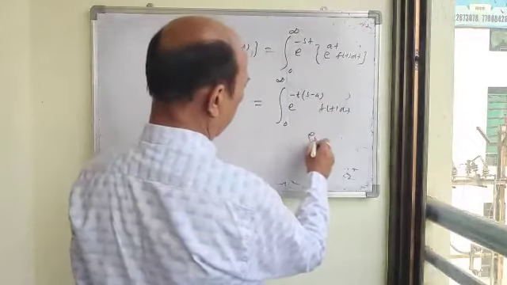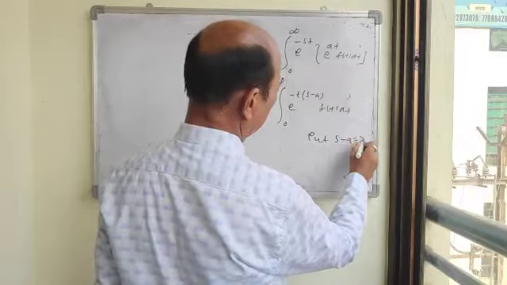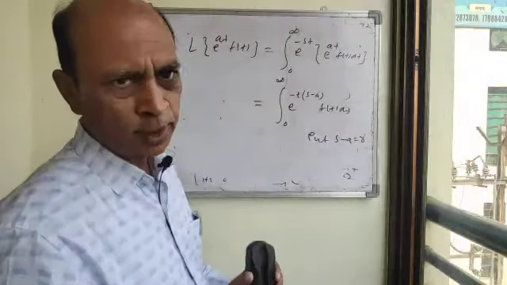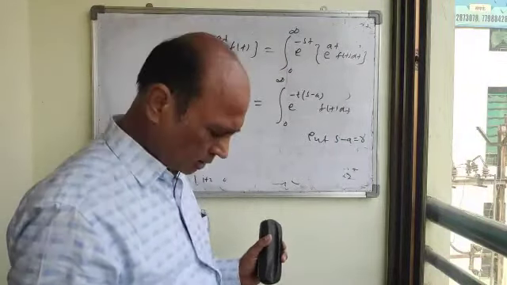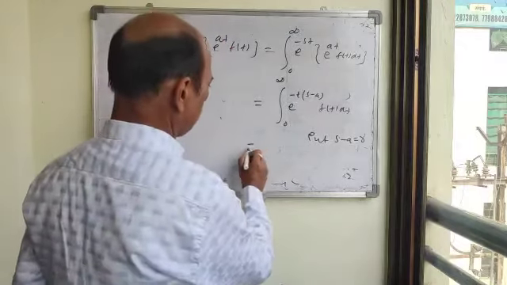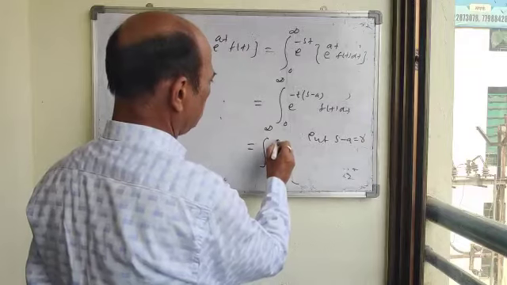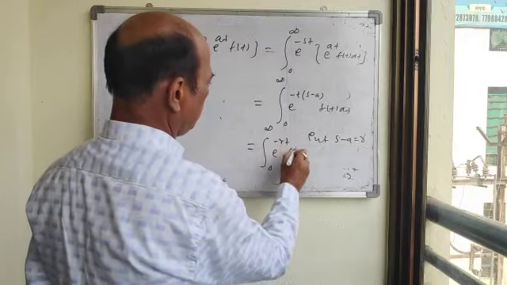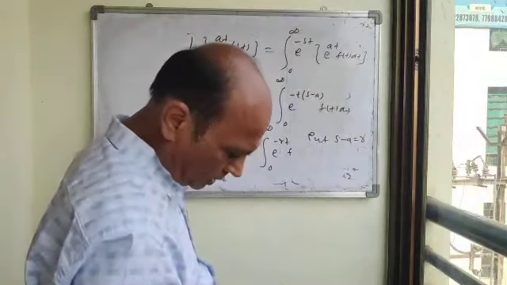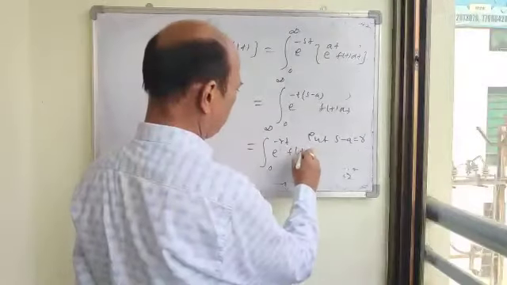Now put s minus a equal to r. What will happen then? That is equal to integration from 0 to infinity e to the power minus rt f of t dt.